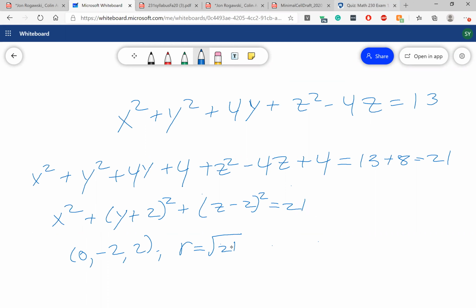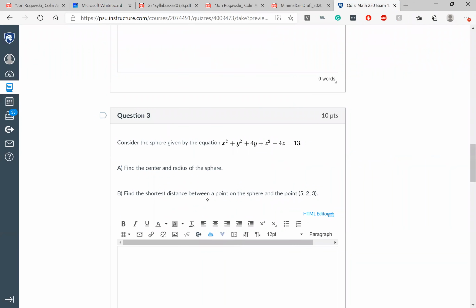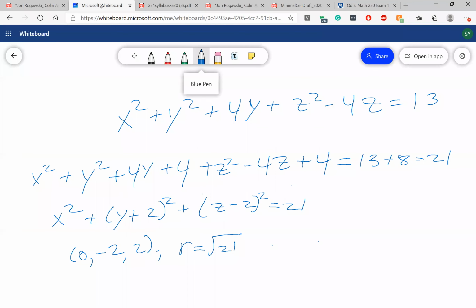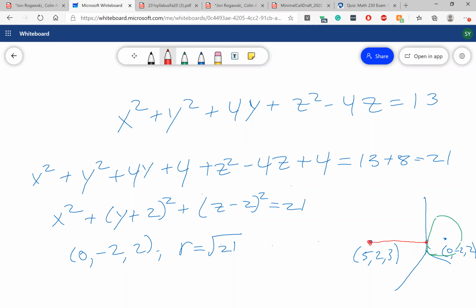Okay, so the next question that they ask is to find the shortest distance between a point on the sphere and the point (5, 2, 3). So if this is my point (5, 2, 3), and here's the center of the sphere, (0, -2, 2), we can think about a little sphere around here, and we are looking for the shortest distance from this point to some point on the sphere.